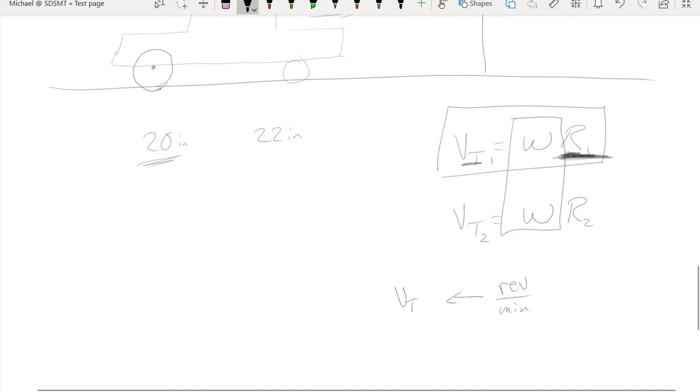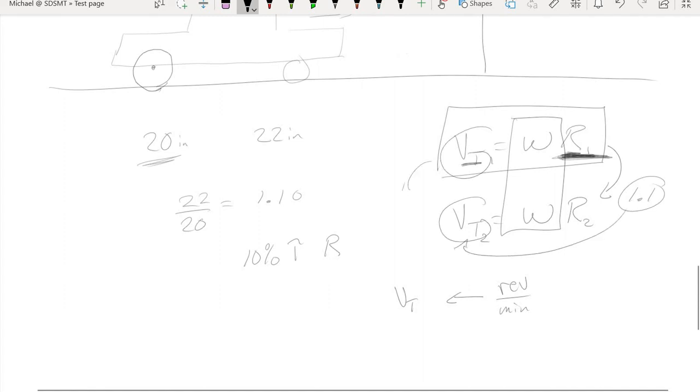So what happened here? Well, by putting a 22-inch tire onto my vehicle, I had a 10% increase in the radius value. And if I increase the radius by 10%, what is that going to do to the velocity?